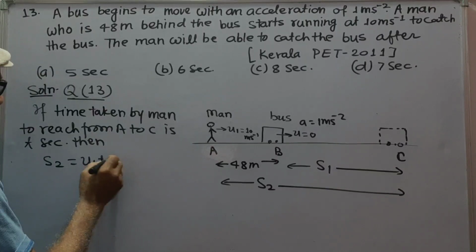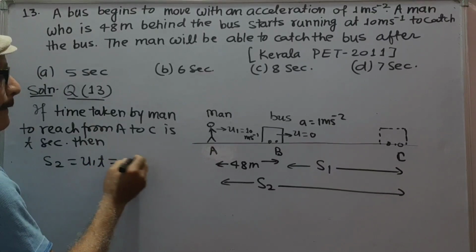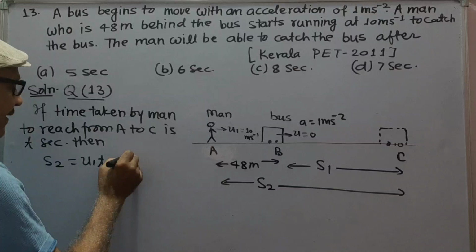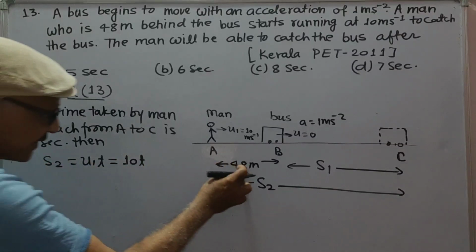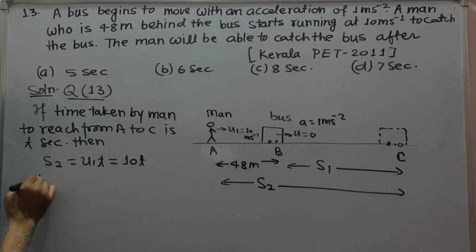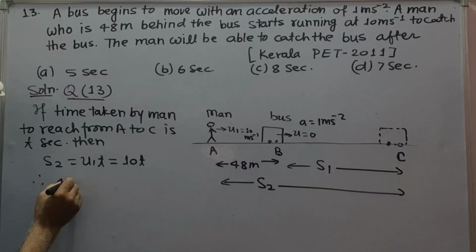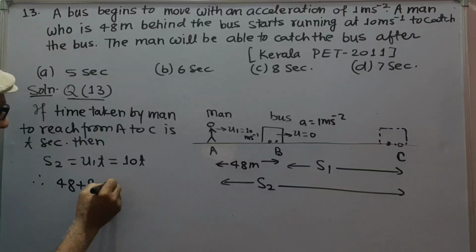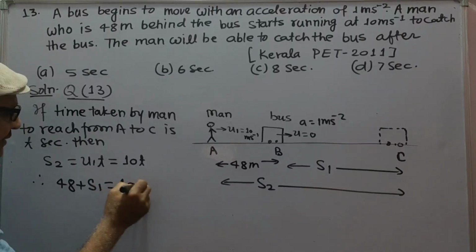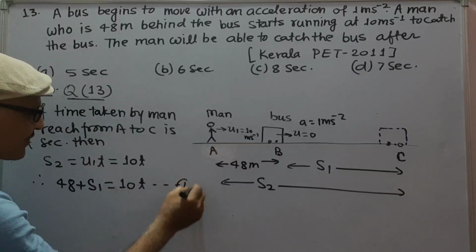So S2 will be equal to 10 into t. Again S2 is 48 plus S1, 48 plus S1 will be equal to 10t. Suppose this is equation 1.